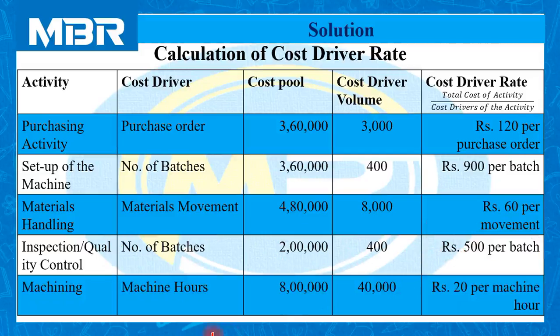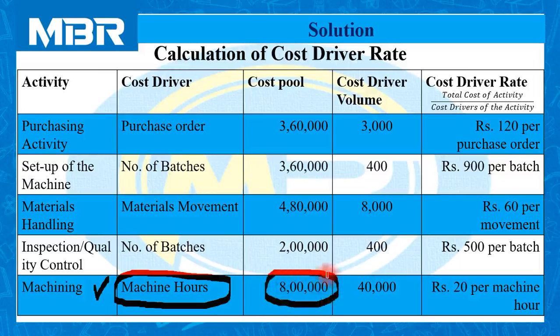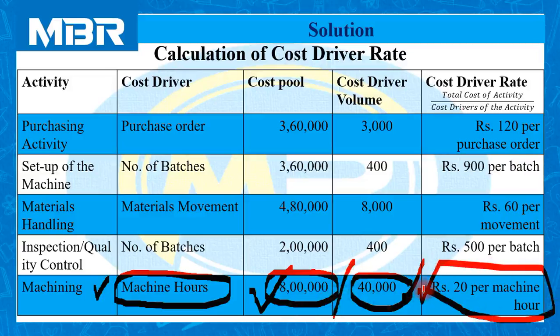And the fifth and last activity is related to machining. These expenses are allocated based on machine hours. Total expenses to be incurred during the year 2020-21 will be rupees 8 lakhs. It is readily given in our question. And we are expecting that our machine hours will be 40,000 during the year. So 8 lakhs divided by 40,000 is rupees 20 per machine hour.